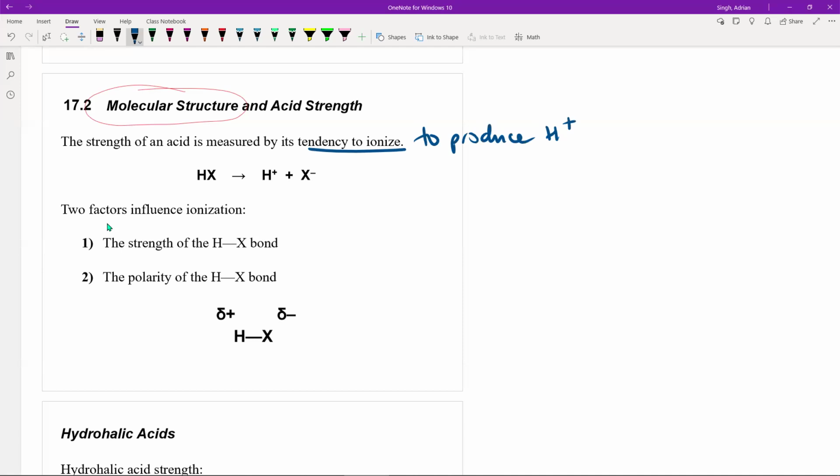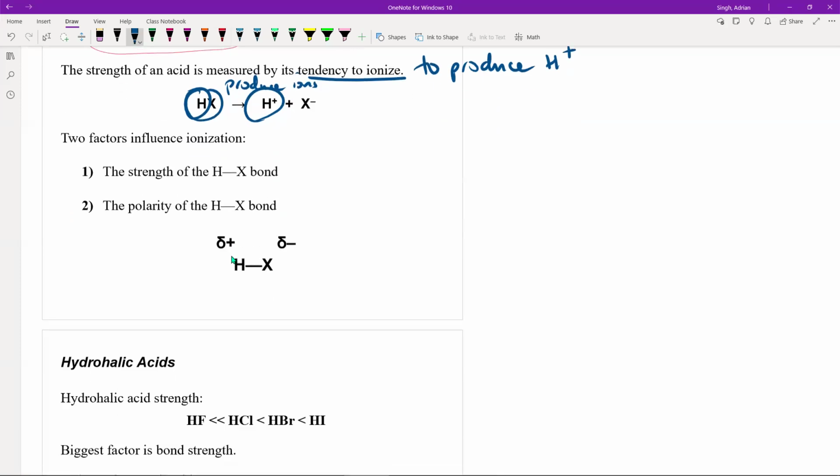So if something is able to ionize, in other words, to produce H plus ions, and if it's able to do that relatively easily, then it's considered a strong acid.